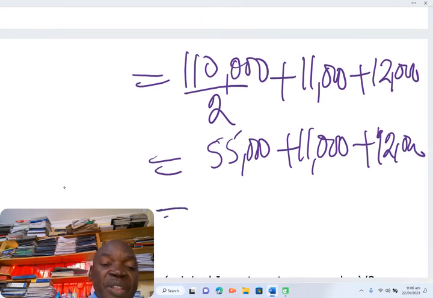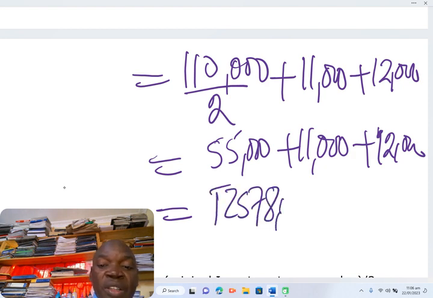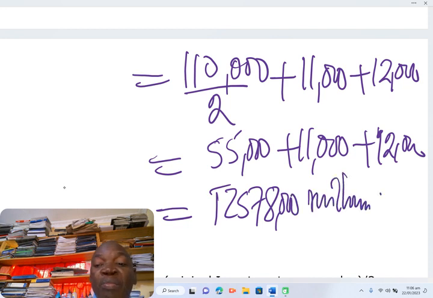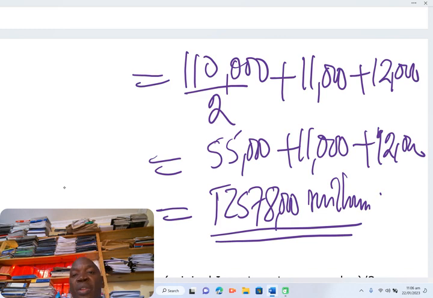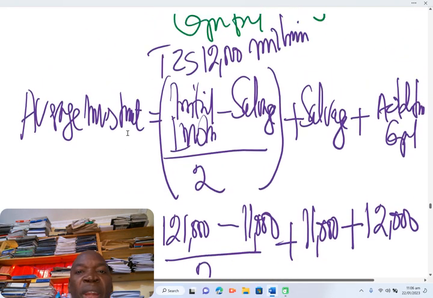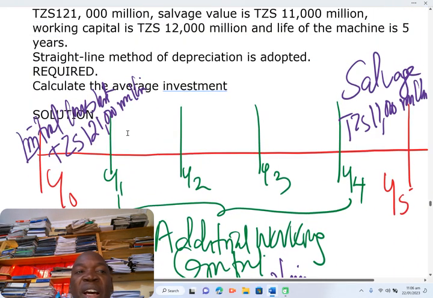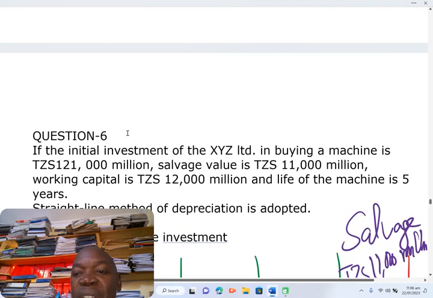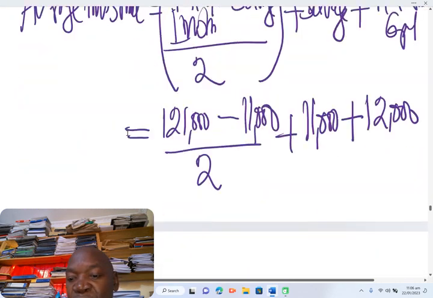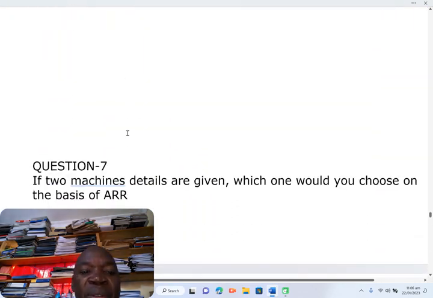Our average investment, summing them, is 55 plus 11 plus 12, which is ZS 78 million. So this component analyzes when there is additional capital. Take care to handle issues when there is additional capital.